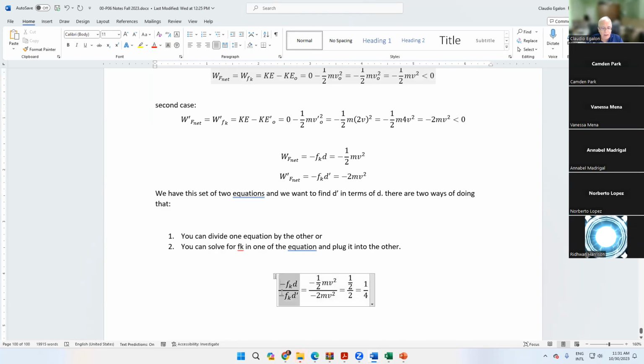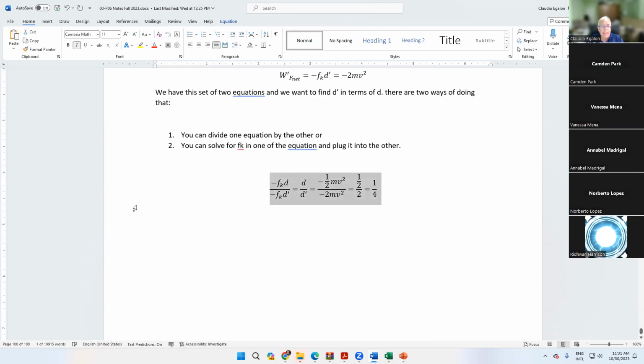What about the left side? We can do something similar. The negative sign can cancel out, and also f sub k, because they're the same values. And we end up with this relationship: this ratio here equal to this other ratio here.